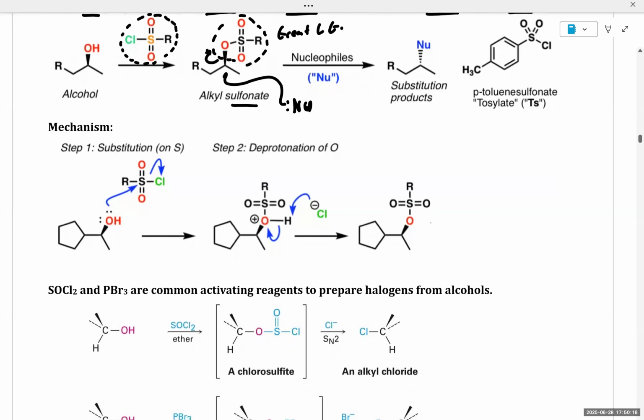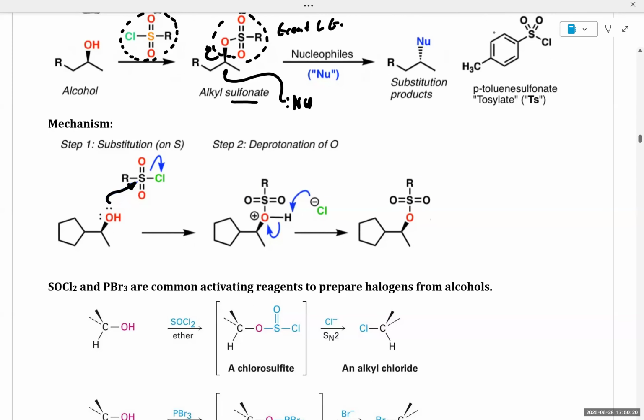So what's the mechanism? First, your alcohol attacks, and you end up with an acyl substitution reaction where, net, you replace the sulfur-chlorine bond with a sulfur-oxygen bond. From here, you deprotonate your oxygen atom, and this gives you your alkyl sulfonate.